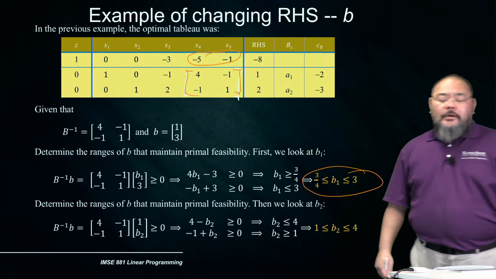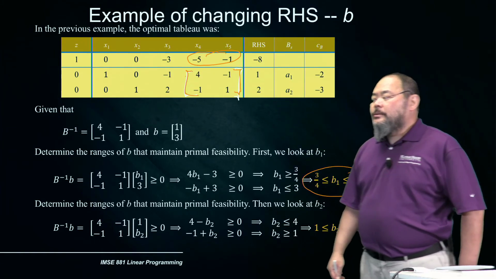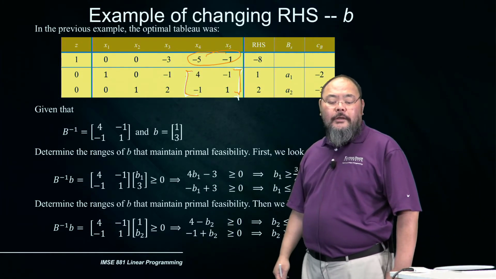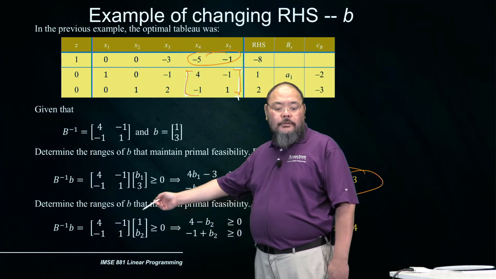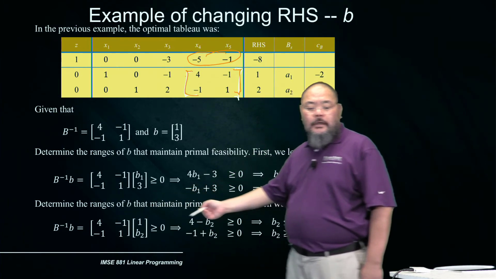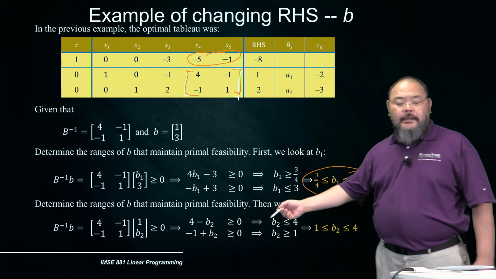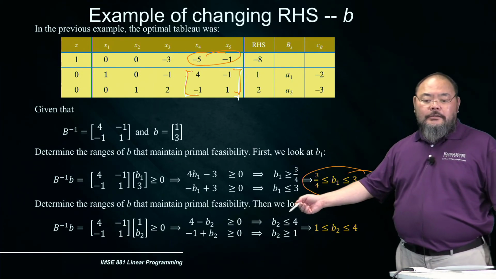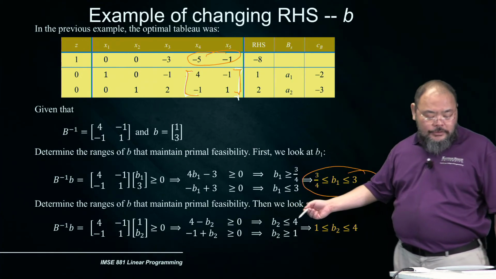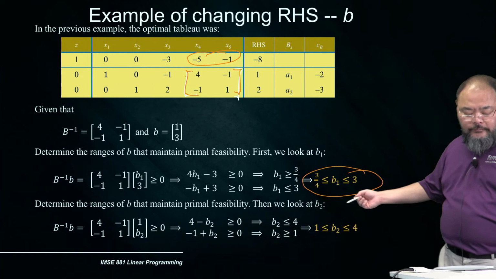What if we only change B2 instead, and hold B1 at the value of 1? We can also calculate the range B2 can change. It should be between 1 and 4.